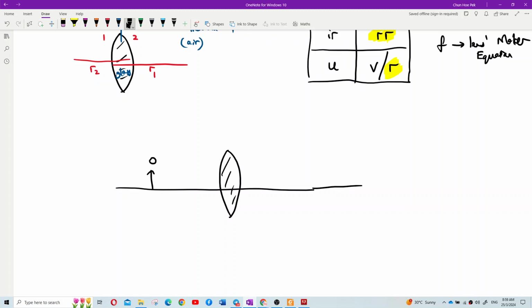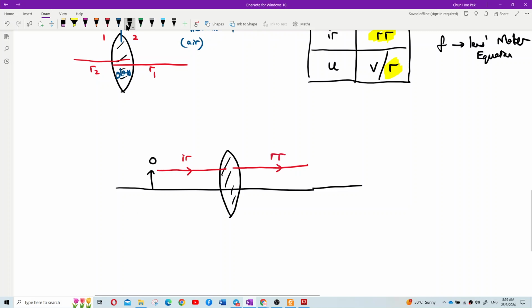Actually, the object can be on either side. You can put the object at the left hand side or at the right hand side, no problem. But when you draw the object at the left hand side, you must draw the incident ray from the left hand side, and the light goes through and the refracted ray is at the other side.